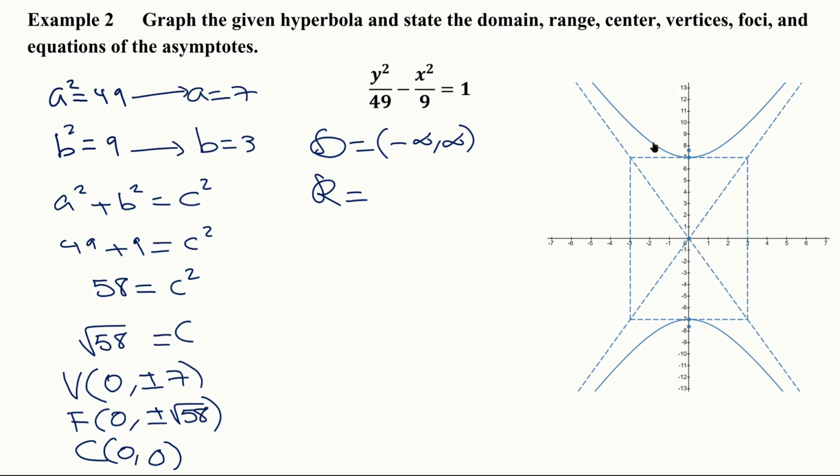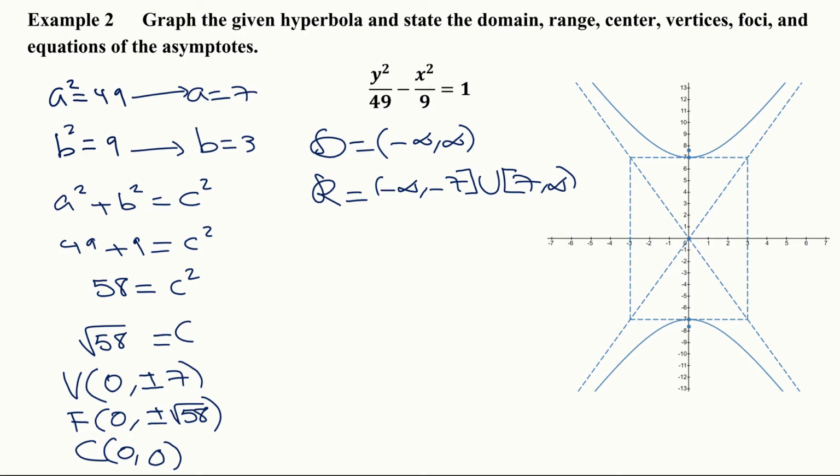The y values that are at play to graph this graph are going to be anywhere from 7 and up, or anywhere from negative 7 and down. So let's do the bottom piece first: negative infinity to negative 7, bracket, union, bracket, 7 to infinity. That's the domain and range.